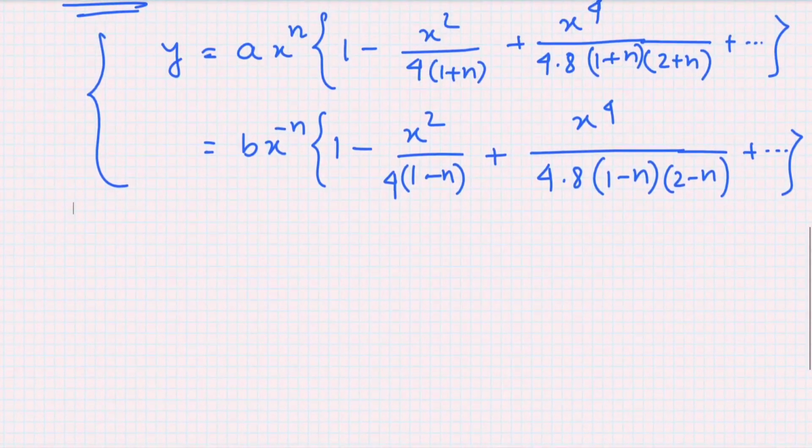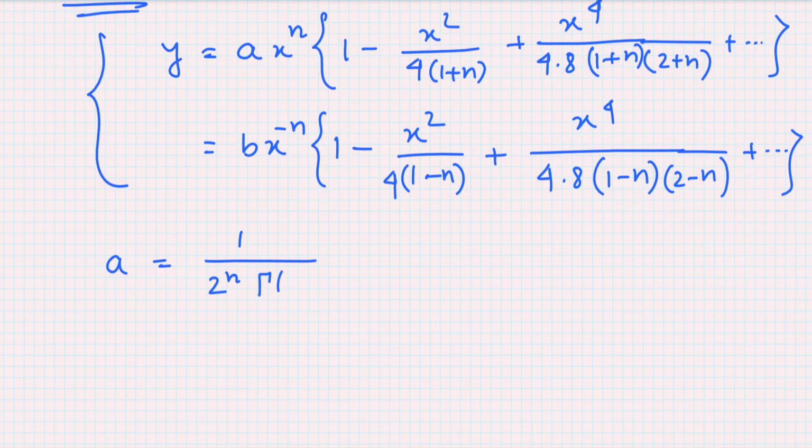Now by taking in particular a equal to 1 by 2 to the power n gamma (n plus 1), we get the Bessel function of first kind, which is denoted by Jn(x).